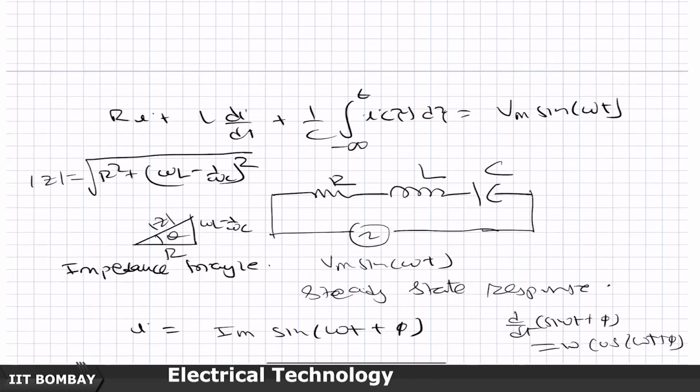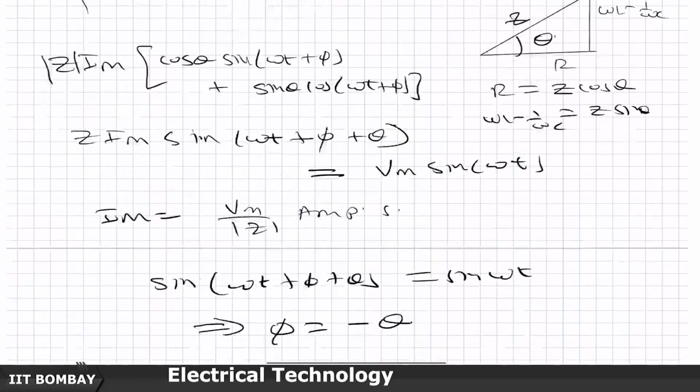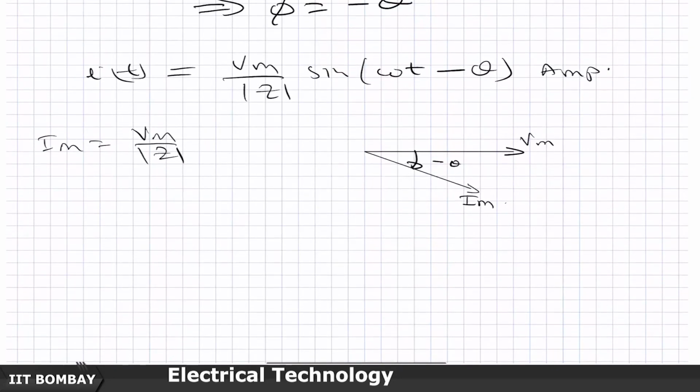So actually it will be somewhere here, and so the theta angle will turn out to be negative, in which case this minus of minus will become positive, and so you will get a circuit in which the current is leading the voltage phasor.